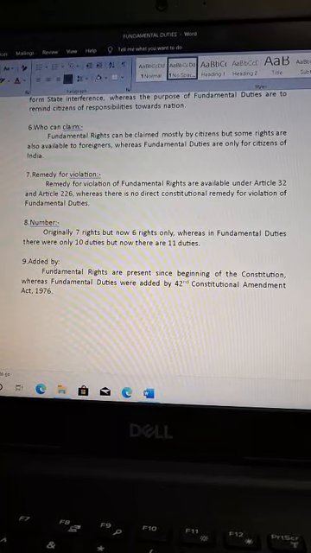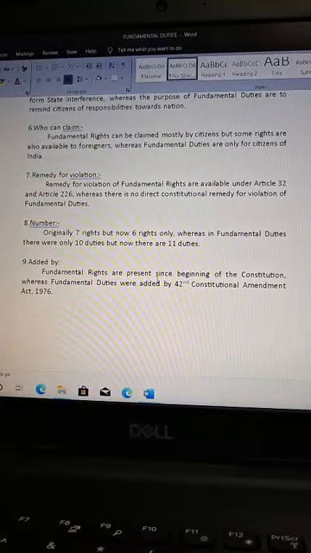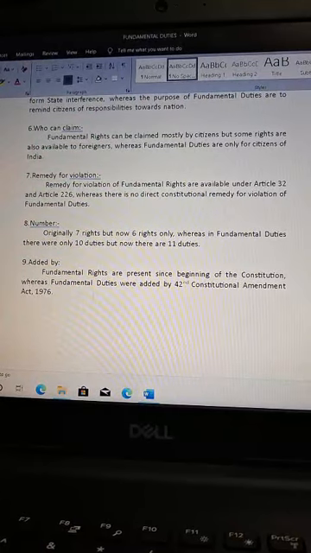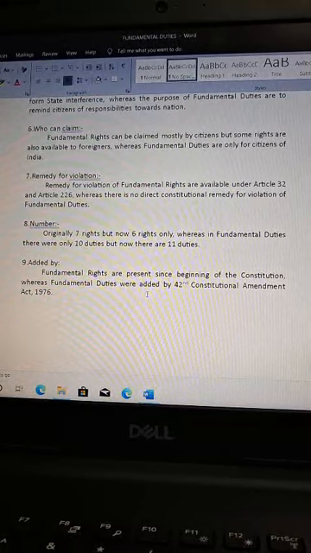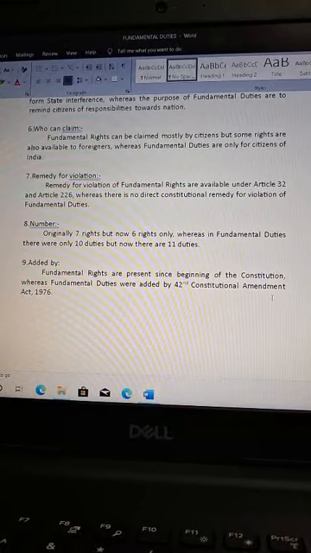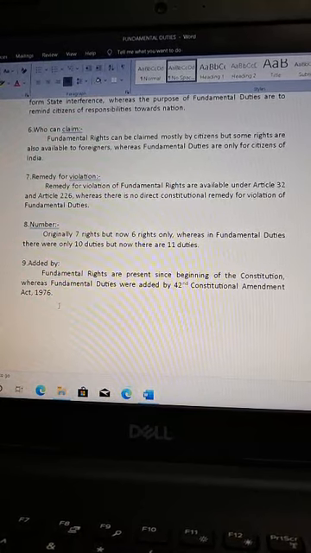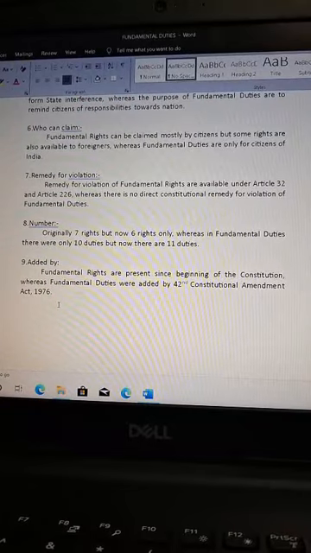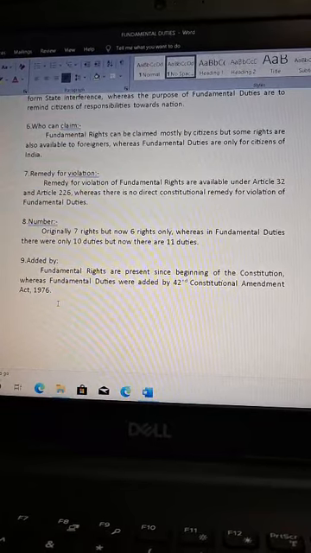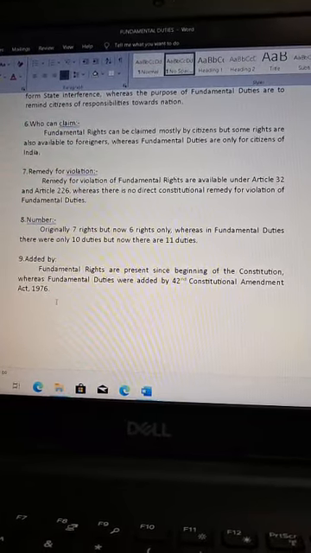Number 9, added by. Fundamental rights are present since the beginning of the Constitution, whereas fundamental duties were added by the 42nd Constitutional Amendment Act 1976. So rights make us powerful citizens, but duties make us responsible Indians.